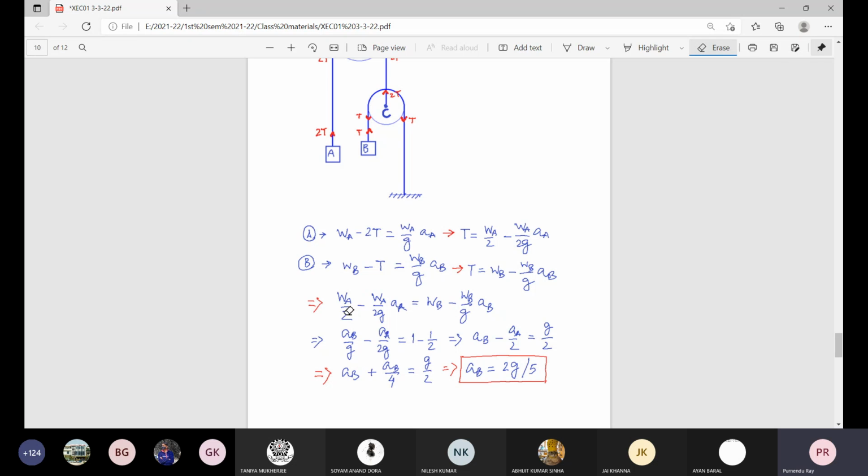So the first part we get AB divided by G, bring it to the left hand side, minus AA divided by twice G, and that is equal to W minus half W, and cancelling all these weight terms, we get 1 minus 1 by 2.